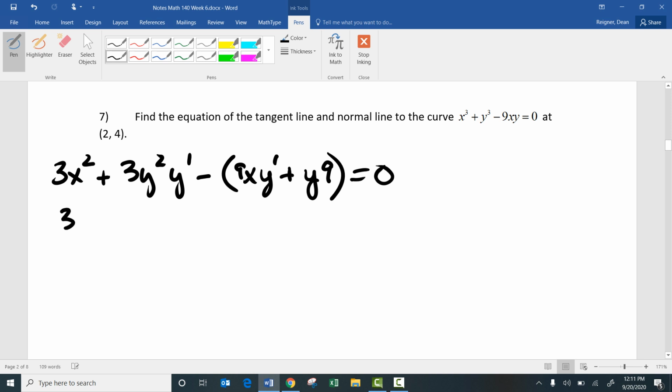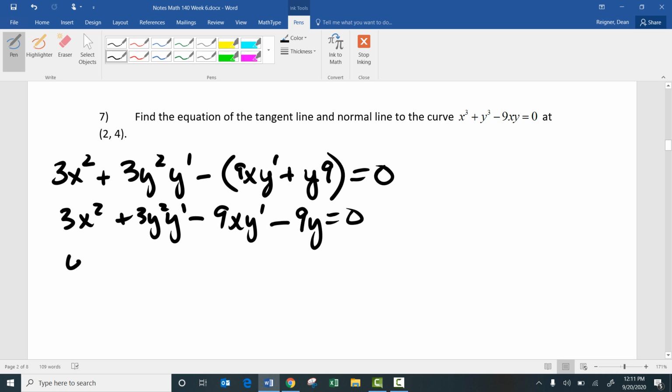So now we'll simplify, and just like we did before, we'll move everything with a y prime to the left, and everything without a y prime will move to the right. And we'll factor these out. Well, we should be pretty good at this now. So we're going to factor out a y prime there.